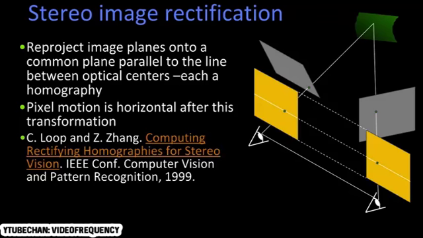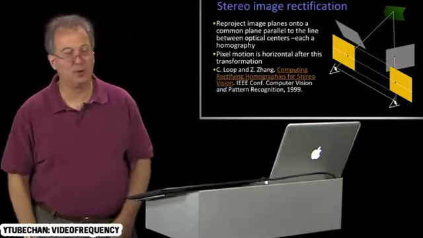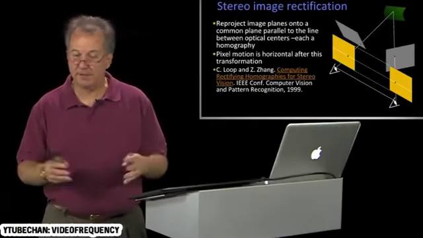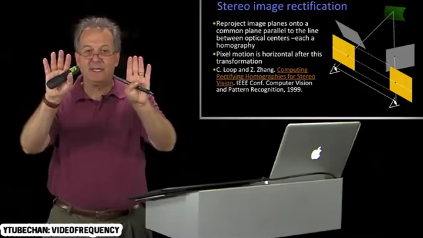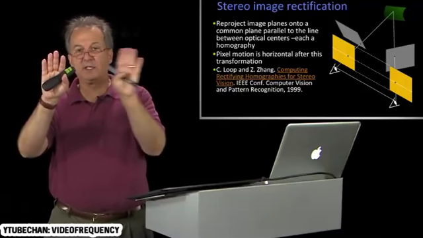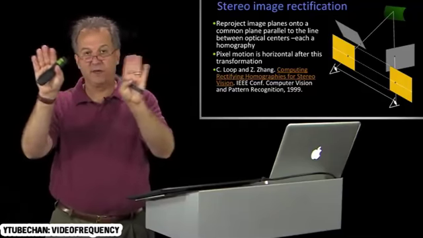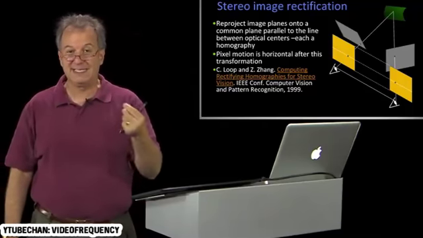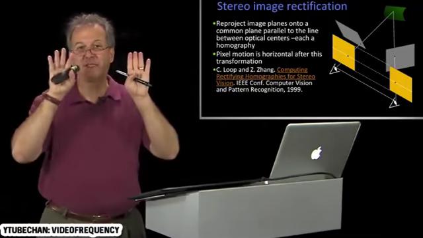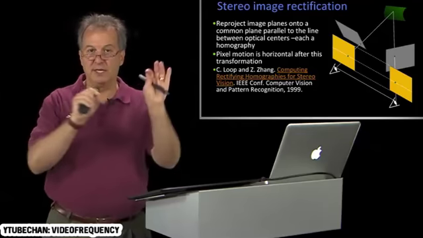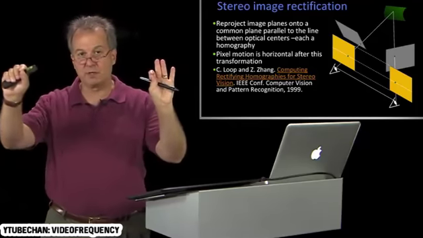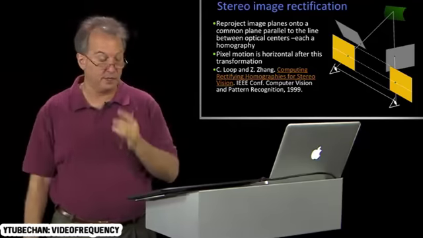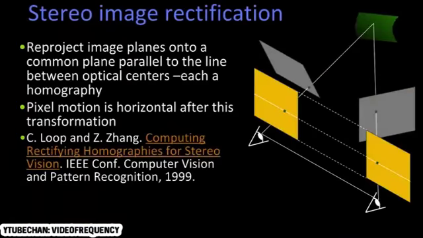And why is that good? Because it makes me happy. No, it's good because then your stereo solution is now just moving along the horizontal line. So your search is not just 1D, because it was 1D before, but it's a particular known one-dimensional search. Namely, every point here corresponds somewhere along the corresponding scan line in the other image. And that was done nicely.